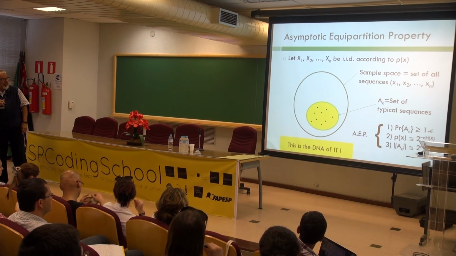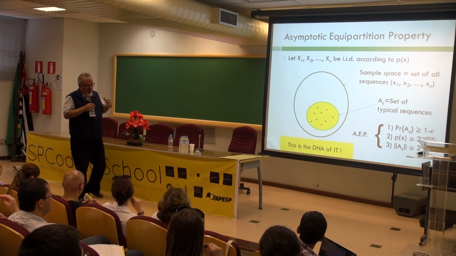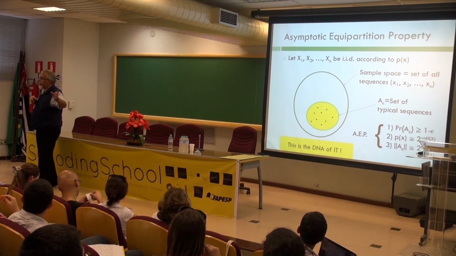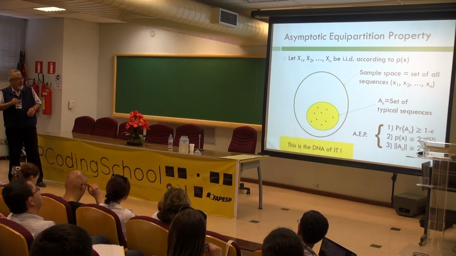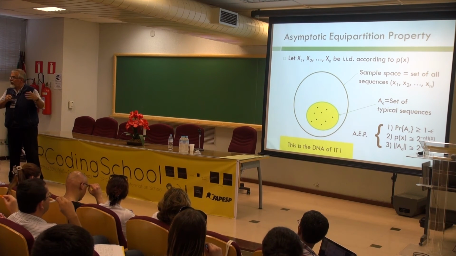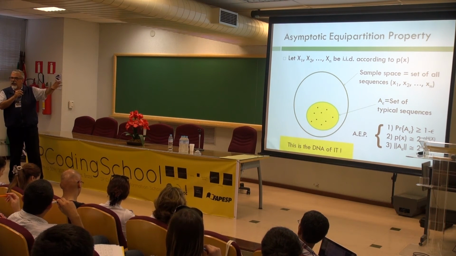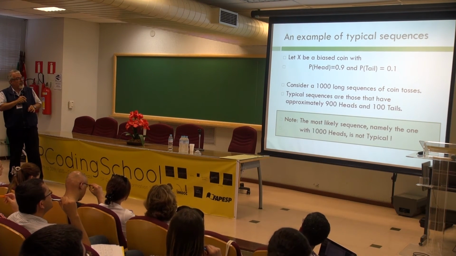And so if you are trying to, for example, do an encoding for a sequence of random variables, if you look at those that are typical, this set here is called the set of typical sequences, you would be fine. What is a typical sequence? Well, given it like that, it may be a little bit obscure, but I'll give an example to try to simplify.